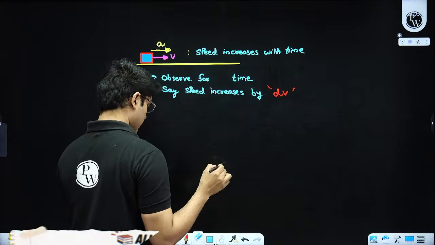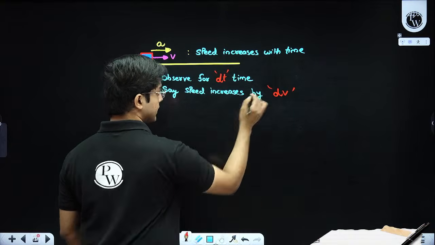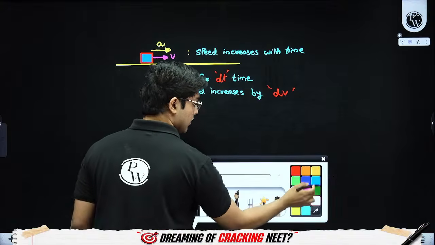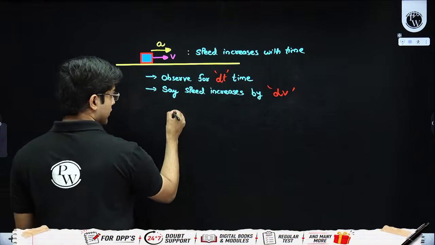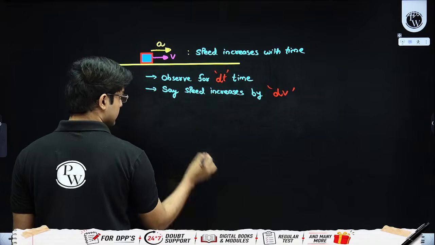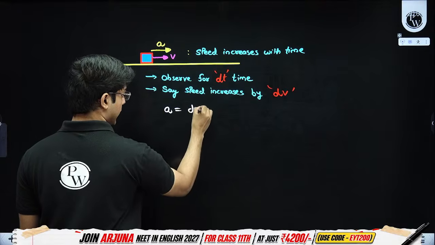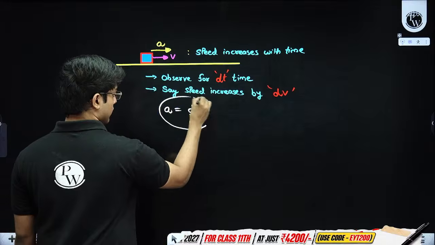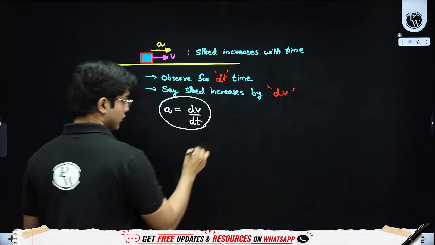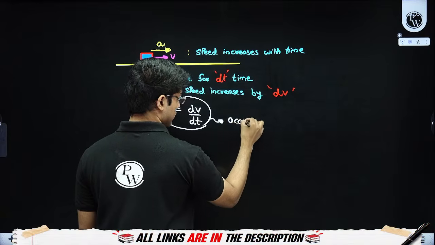So observe for a dt time, and say the speed increases by dv. Then we define the acceleration at this moment as dv by dt. This is the definition of acceleration.